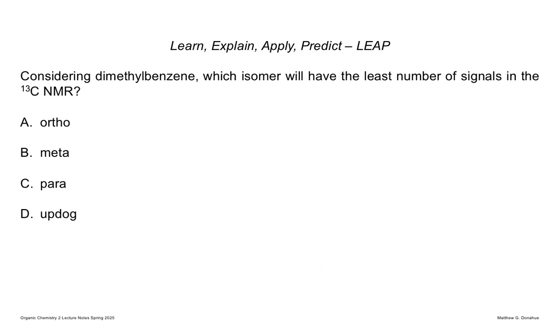So let's put this to practice in terms of how we would differentiate a di-substituted aromatic that had 2 of the same substituents. So dimethylbenzene. So this has a weird name, it's called xylene.